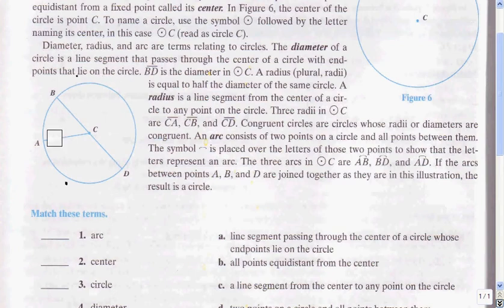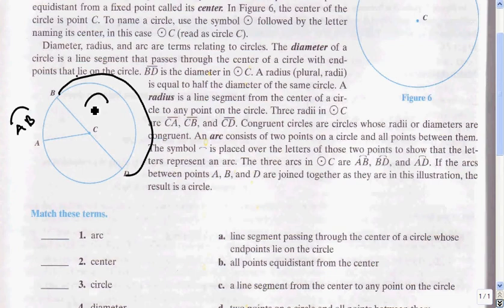The arc of AC would be this section here, because that's where it intersects the circle. So I would call that arc AB, and I would write it like this, arc AB. Then we have arc BD.